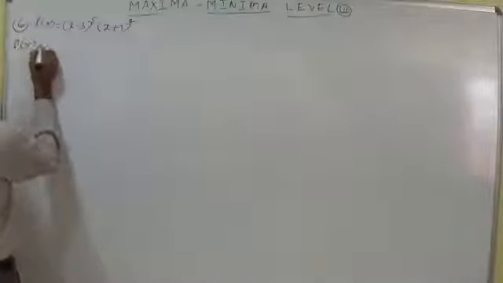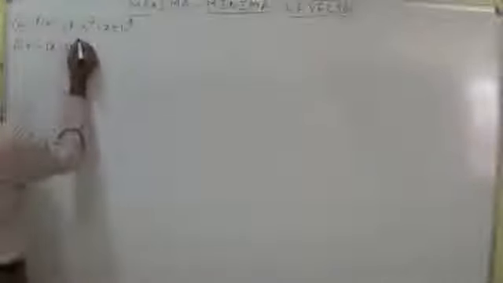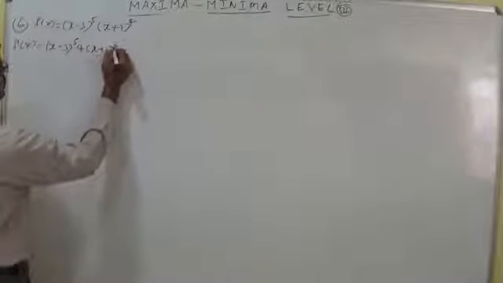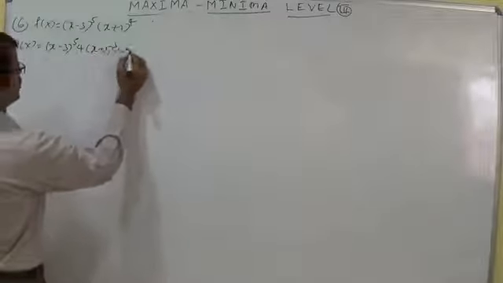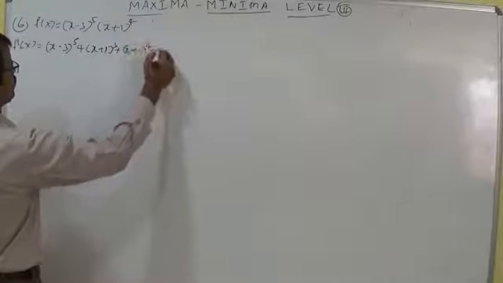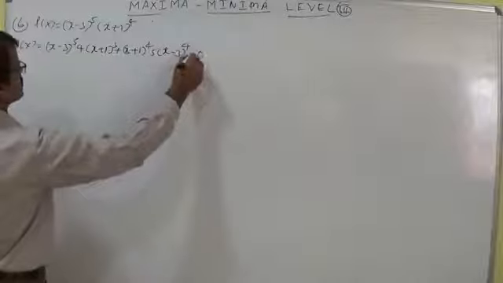Now we can write the derivative using the uv method, u v dash plus v u dash. Now I am writing x minus 3 whole power 5 into 4 into x plus 1 whole cube, plus this is u v dash completed. Now for v u dash: x plus 1 whole power 4 into 5 into x minus 3 whole power 4 is equal to 0.